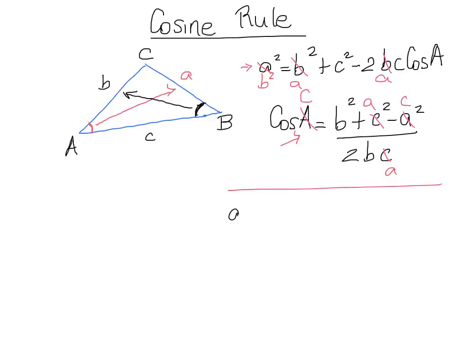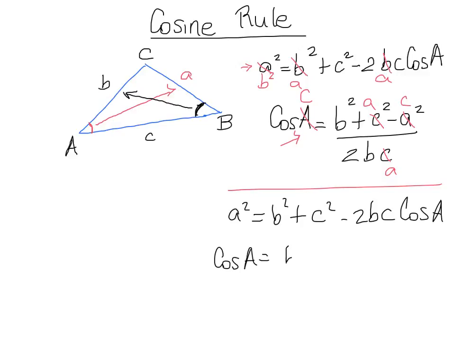So again, a squared equals b squared plus c squared minus 2bc cosine A, where a is the side that you're looking for. And again, cosine A equals b squared plus c squared minus a squared over 2bc, where angle A is the angle you're looking for.